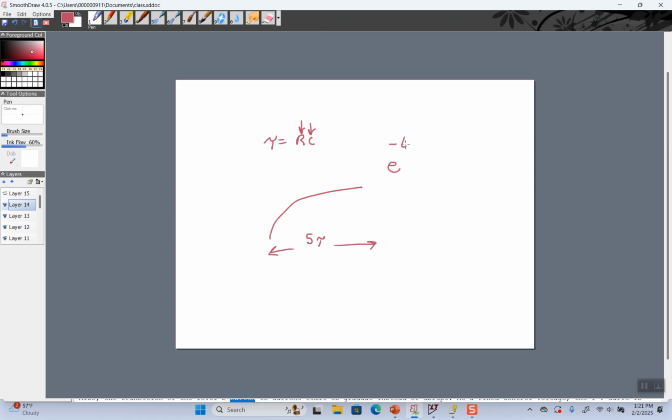Because if I say, okay, what is it at 5 tau? I have e to the minus 5 tau over RC, and if that tau is in fact the correct RC, I have e to the minus 5. And that's just considered effectively 0, or in this case, it's 1 minus e to the minus 5. So we get there pretty closely.